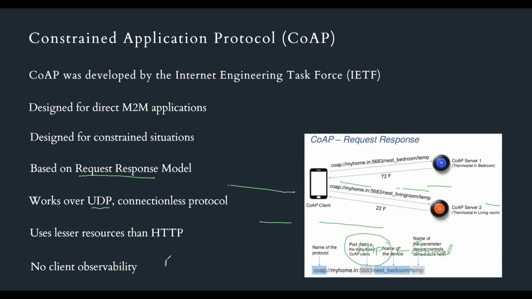When we talk about MQTT, the MQTT broker was able to keep a list of all the devices that have subscribed to a certain topic, and the devices publishing to a certain topic, and monitor the connected devices.